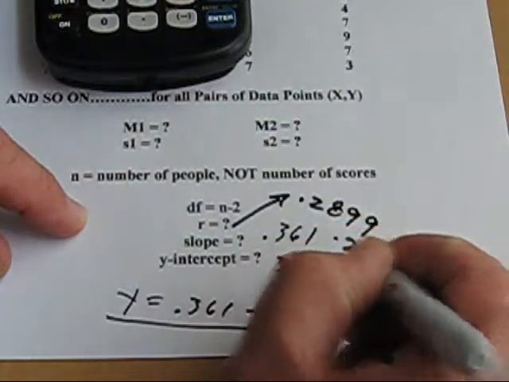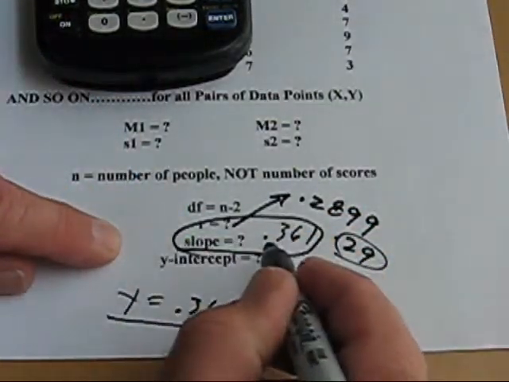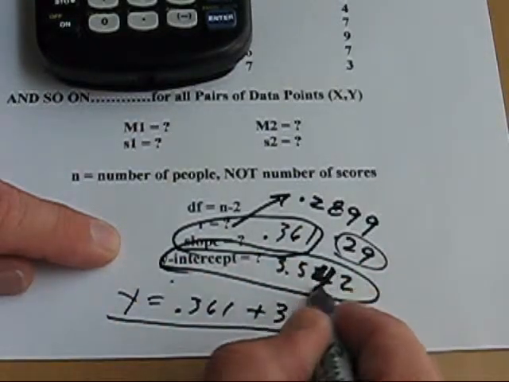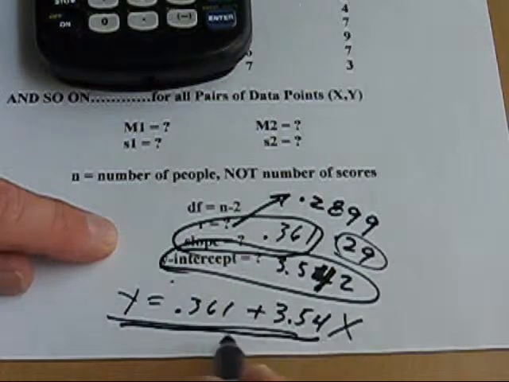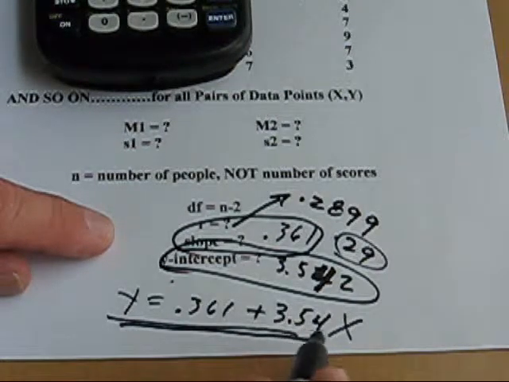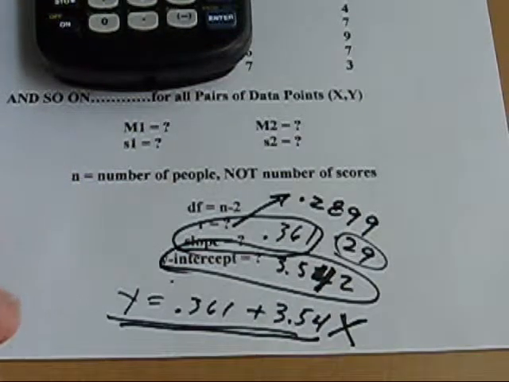We round it off to 0.29, our Pearson R. The slope we see is 0.361, and the y-intercept 3.542, which gives us a regression equation of y equal 0.361 plus 3.54 multiplied by x. And there you have the regression analysis for SLR. Well, that's it. Good luck. See you later. Bye-bye.